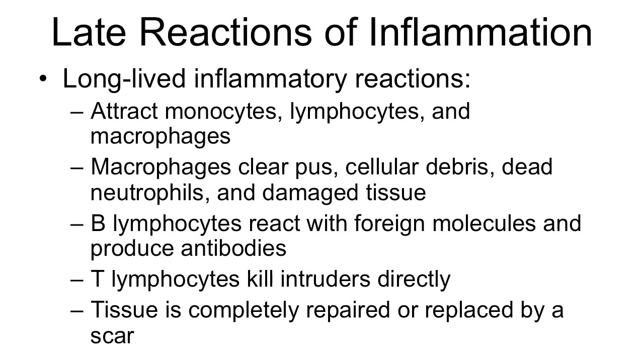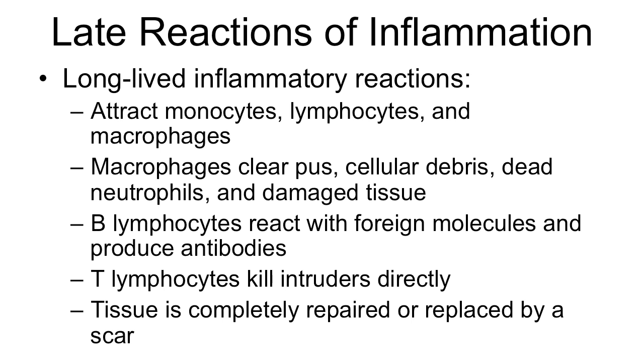So there are certain reactions that tend to be long-lived in inflammation. The attraction of the monocytes, lymphocytes, and macrophages to the area. The macrophages going around, clearing the pus, the cellular debris, the dead neutrophils, the dead red blood cells, and repairing the damaged tissue. The B cells coming in and being able to pick up some of the foreign molecules by the antibodies, then getting stimulated to produce antibodies that can be used in the immune response.